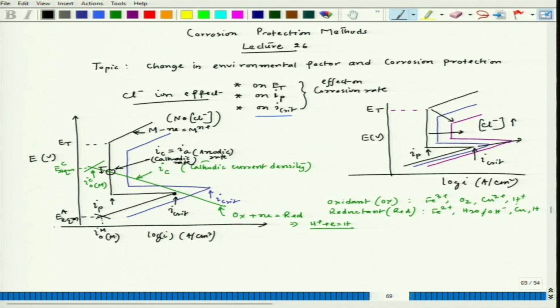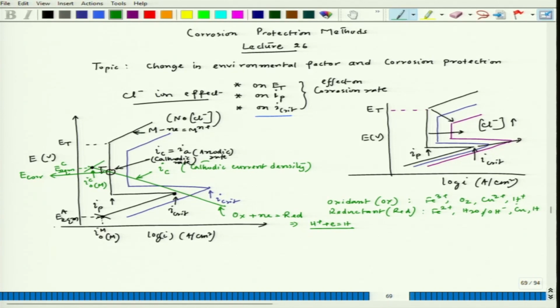So, these two equilibrium potentials will be taken to this potential, which is E corr. Fine.